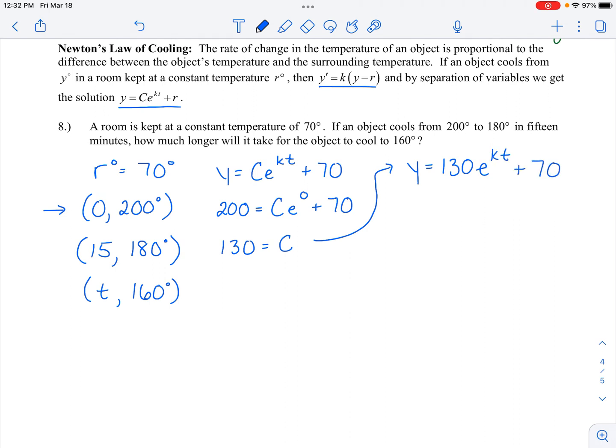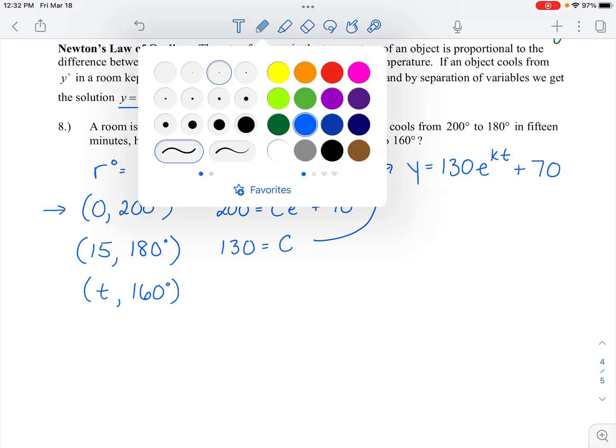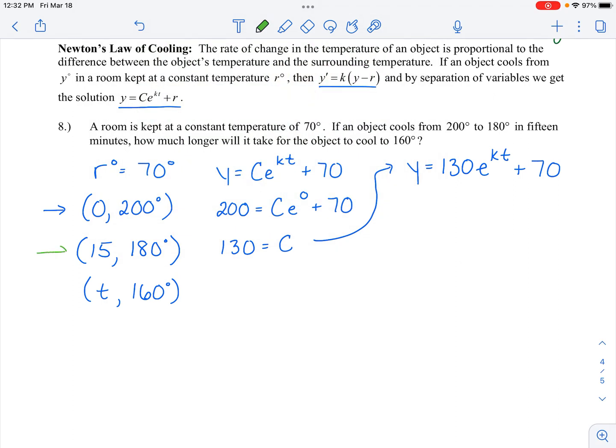Now, because there were two unknown constants, k and c, we had to have two initial conditions, and that's where the second initial condition is going to come in. So we're going to take a look at this initial condition down here and plug that in. So then I'm going to have 180 degrees equals 130 e to the k times t, which is now 15, plus 70. Take away that 70 to get to 110 equals 130 e to the 15k.